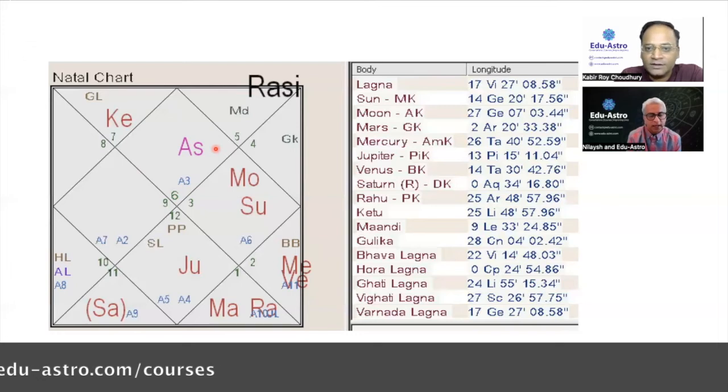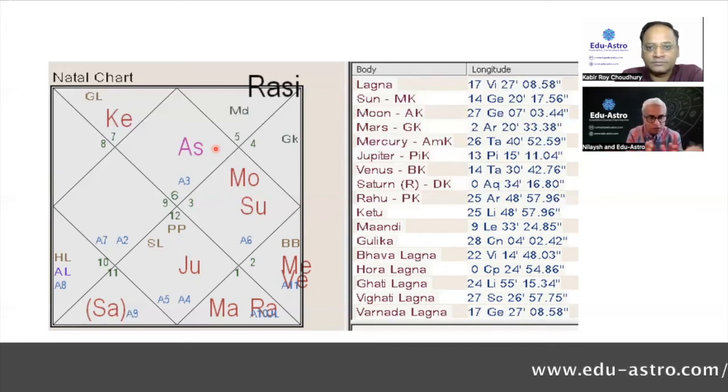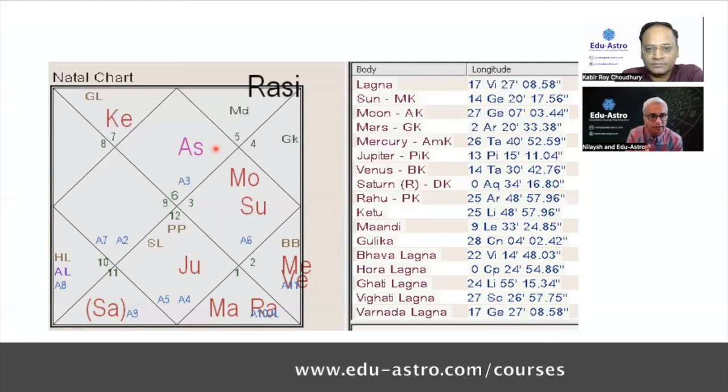And it is not that whichever signification I say is the only one that is going to happen. Virgo has many other significations. So you have to enhance your signification chart. You have to understand the basics of the Rashi.